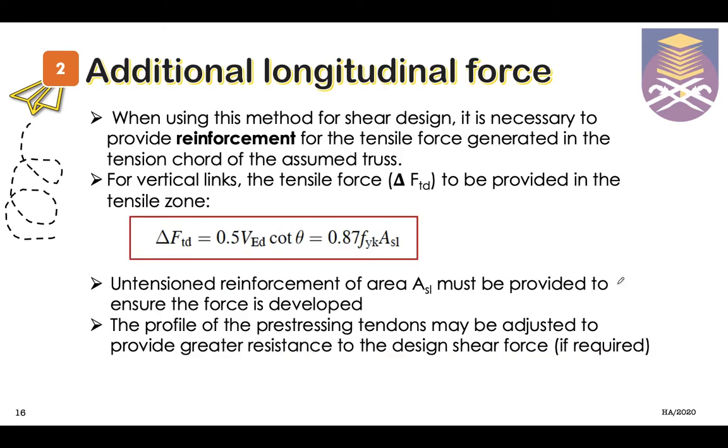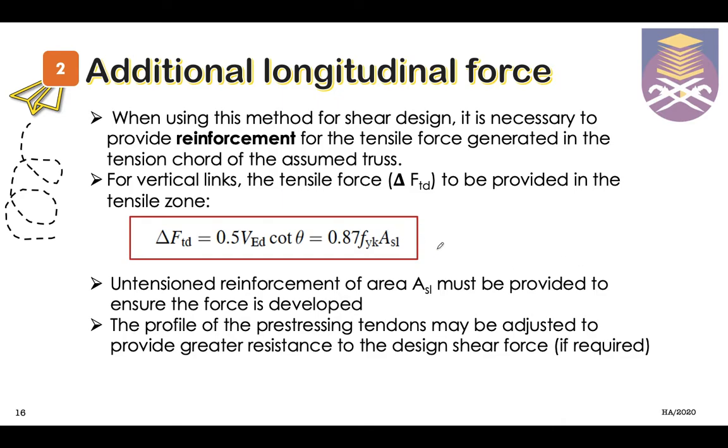Then we also have additional longitudinal force. When using this method for design, it is necessary to provide reinforcement for the tensile force generated in the tension chord of the assumed truss. So for vertical links, the tensile force FTD is to be provided in the tensile zone. You can calculate this value using this equation.